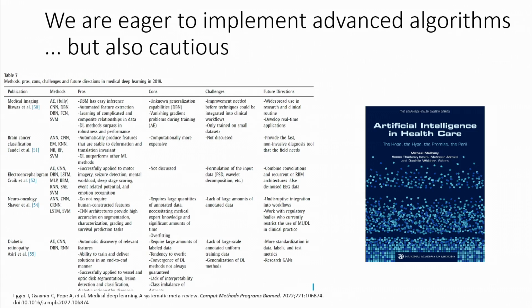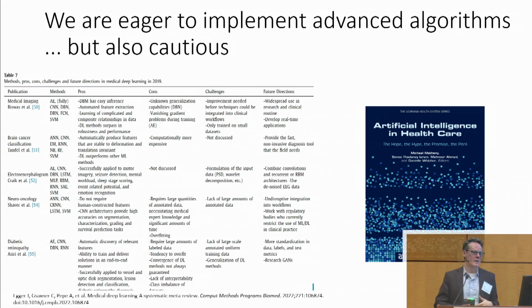So in general, from an OHSU perspective, in Oregon, we are very eager to implement these advanced algorithms. There's lots of interest to do it, and it's frustrating. Sometimes I hear how hard it seems to be to do, especially at the point of care. The NAM has covered this before with artificial intelligence in healthcare, the hope, the hype, the promise, the peril.